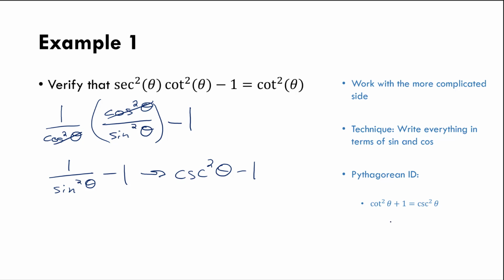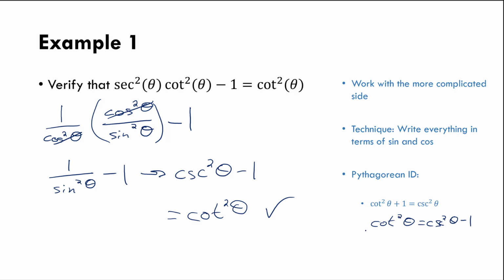If I solve this for cotangent squared theta, it's going to be equal to cosecant squared theta minus 1, since we're just subtracting 1 from each side. And would you look at that, I have cosecant squared theta minus 1 right here. So this is equal to cotangent squared theta, which is the right-hand side of my equation. So that checks out.